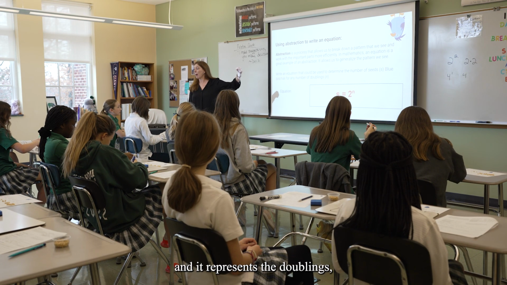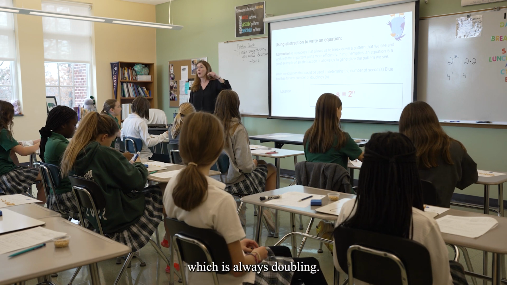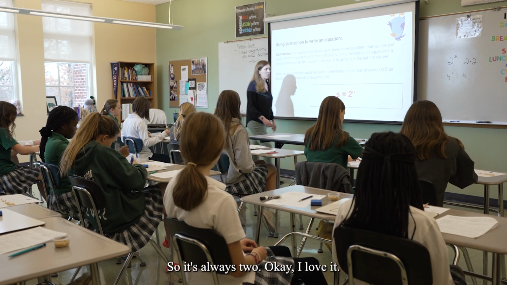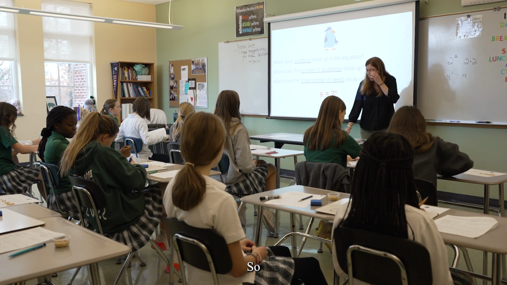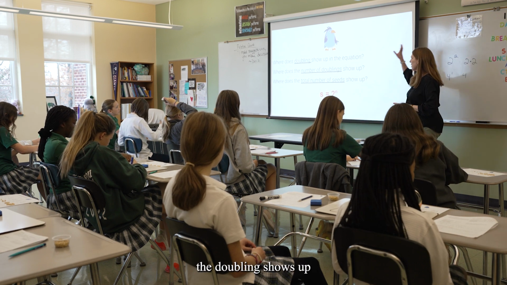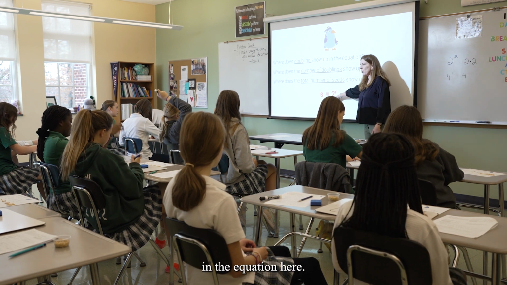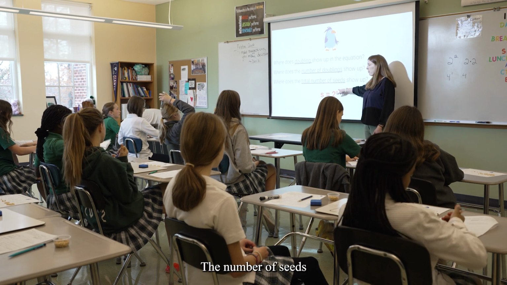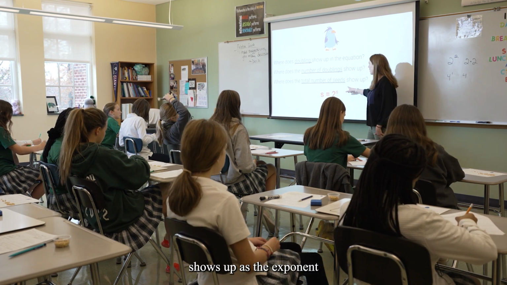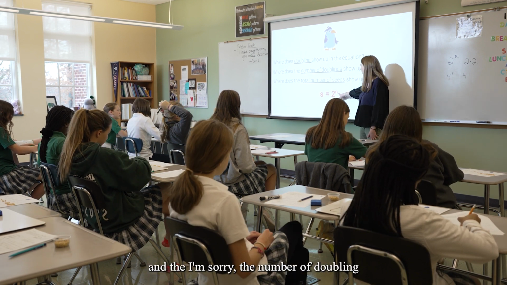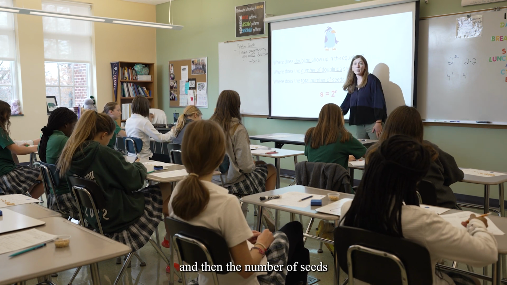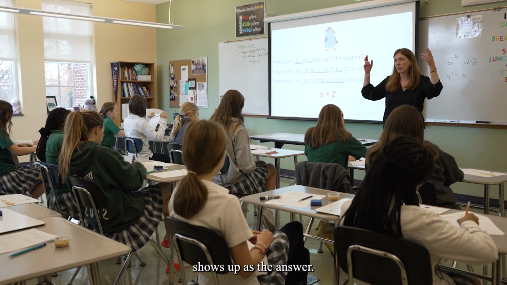It's the base, and it represents the doublings, which is always doubling, so it's always 2. Okay, I love it. So we just talked about this. The doubling shows up in the equation as the base, the number of doublings shows up as the exponent, and then the number of seeds shows up as the answer.